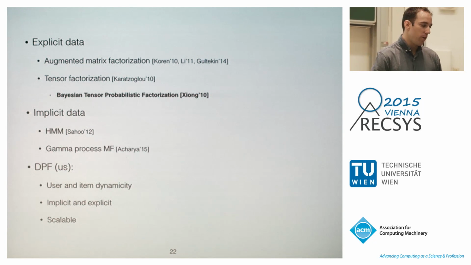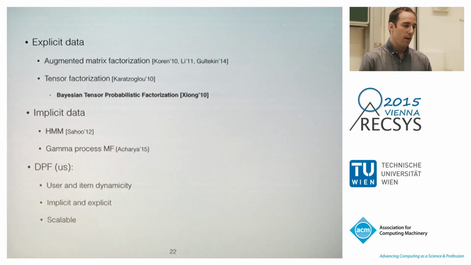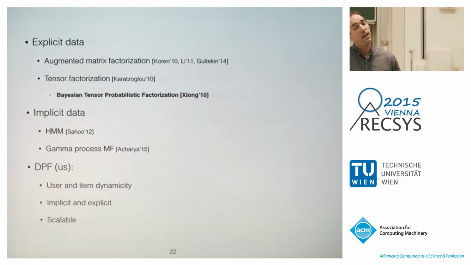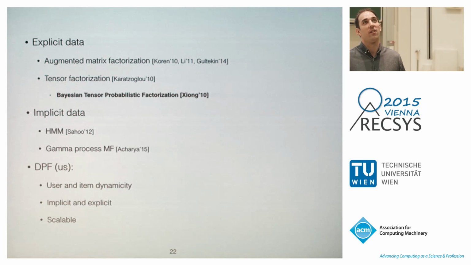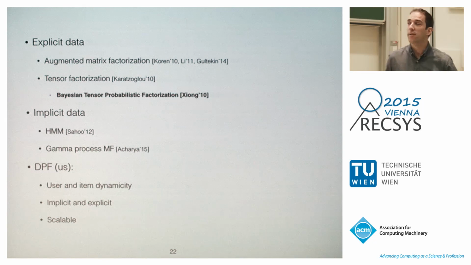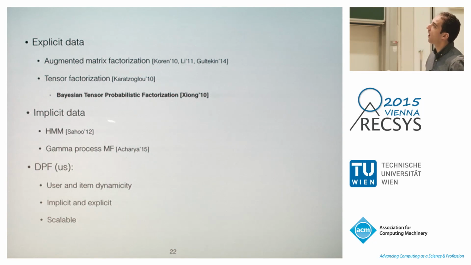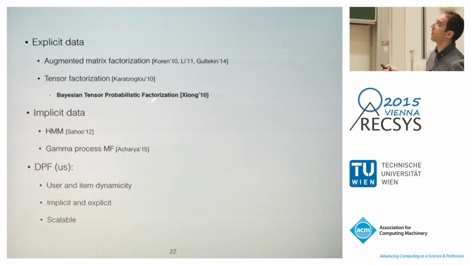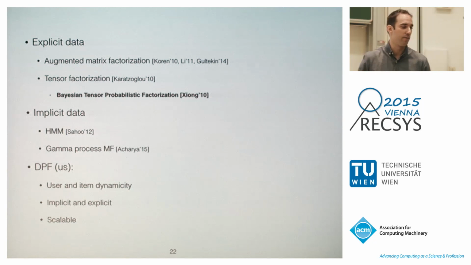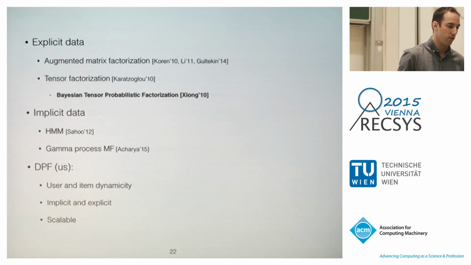One thing we found in this project is that it was difficult to find a method that worked for implicit data and could scale to the sort of data sets we cared about. So we ended up comparing against Bayesian tensor probabilistic factorization, BTPF. This is what you'll see in future slides.